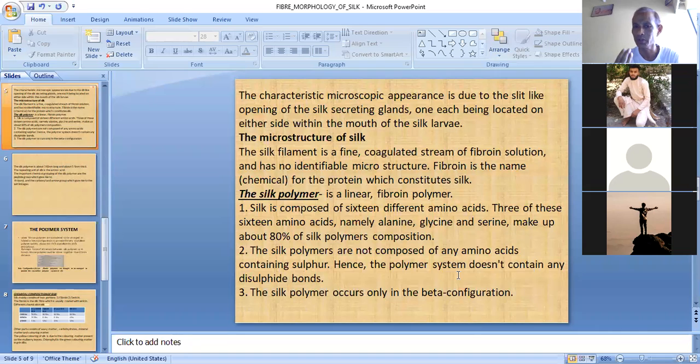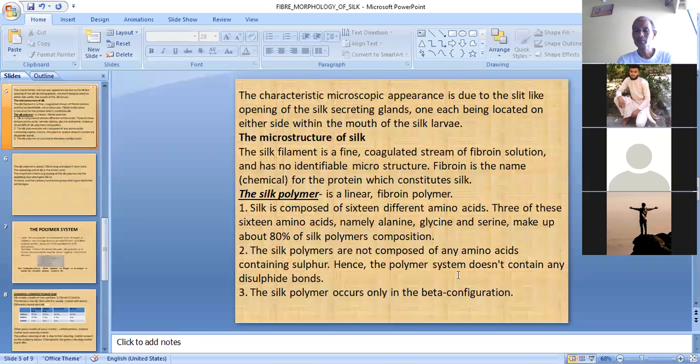These are the 3 amino acids dominating in silk polymer. Second point is the silk polymers are not composed of any amino acids containing sulfur. That is very important because if sulfur is there, then disulfide bonds will be formed, which is found in wool fiber. Here sulfur is absent and that's why disulfide bonds are not formed in case of silk.